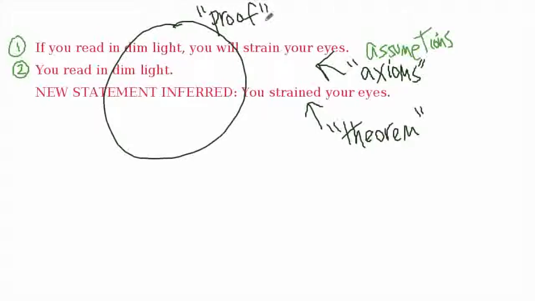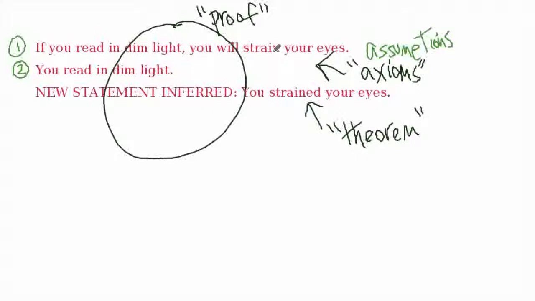Why do we call it that? You can think of it as this whole presentation proved that you strained your eyes based on the axioms that we know to be true. So proofs make theorems from axioms. A lot of terminology here.